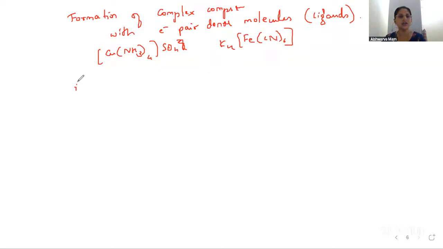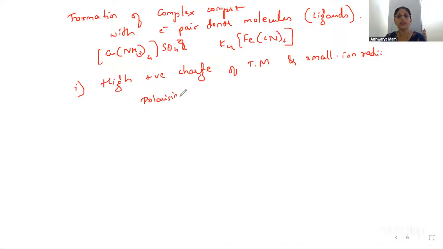The reason is the high positive charge of transition metals and smaller ionic radii. Because of this, the polarizing power of transition metals, which is positive charge divided by size, or ionic radius, is high.